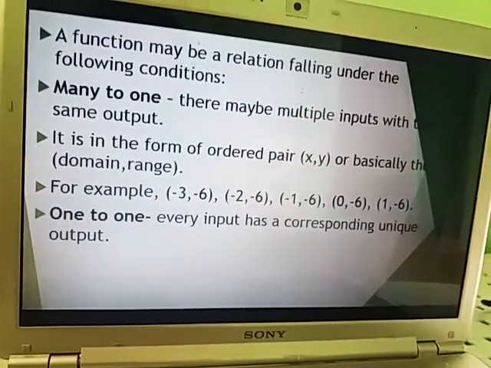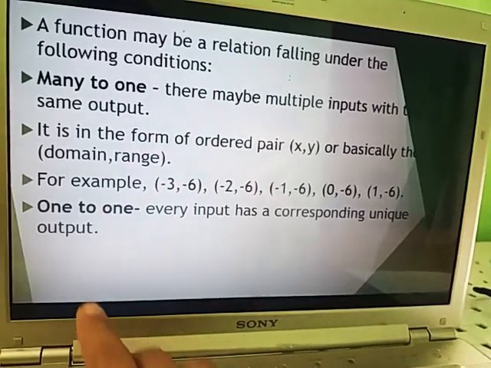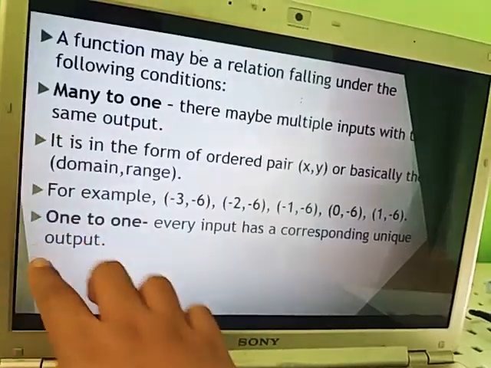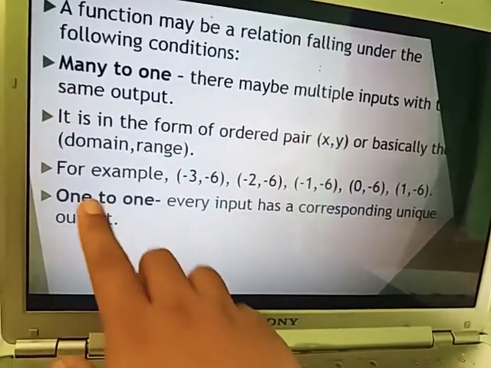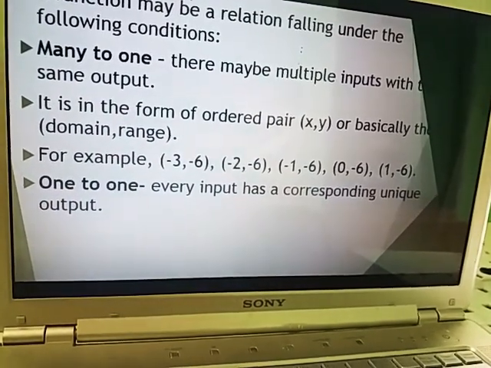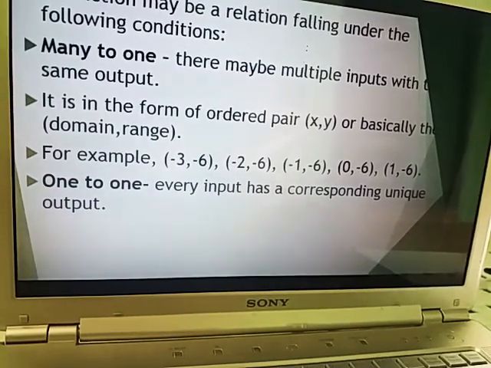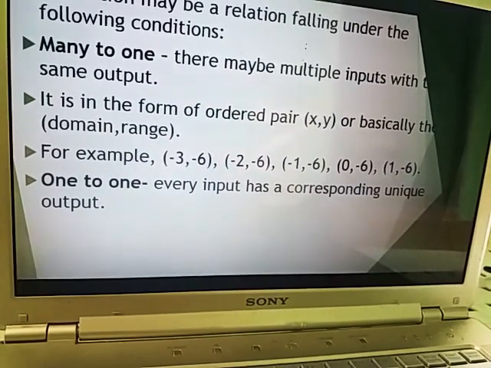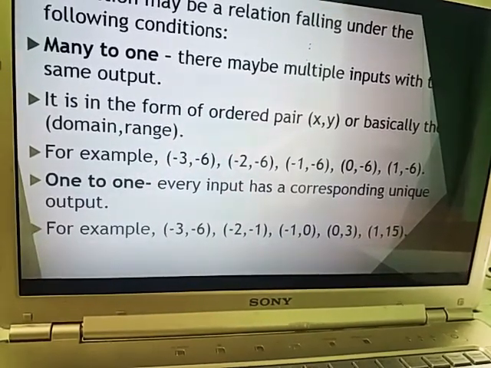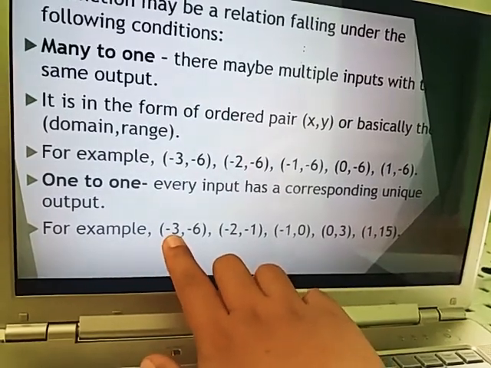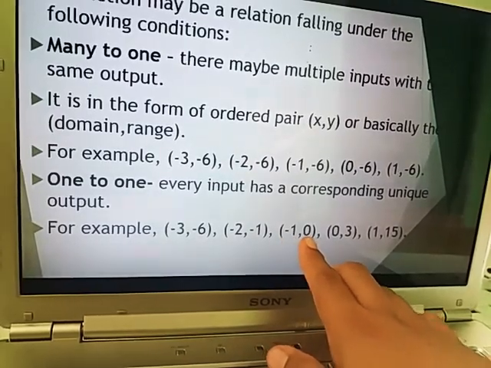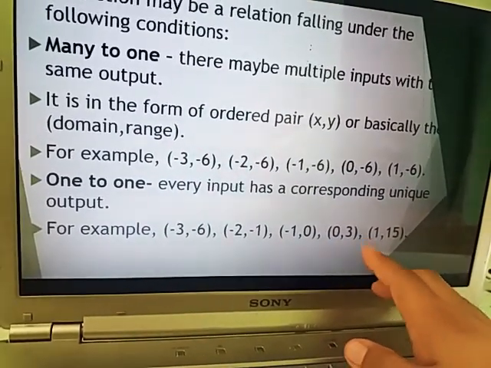Okay? Next, correspondence, we have your 1-to-1. Ang tawag dito, many-to-one correspondence. 1-to-1 correspondence. So, these are correspondences. In 1-to-1, every input has a corresponding unique output. Kapag sinabing 1-to-1, magkakaiba ng input, magkakaiba din ng output. For example, we have (-3, -6), (-2, -1), (-1, 0), (0, 3), (1, 15).